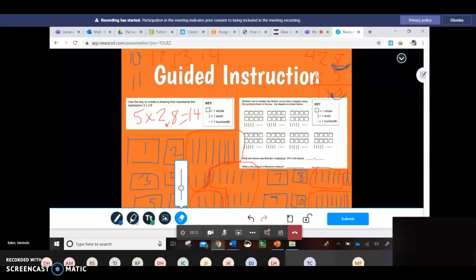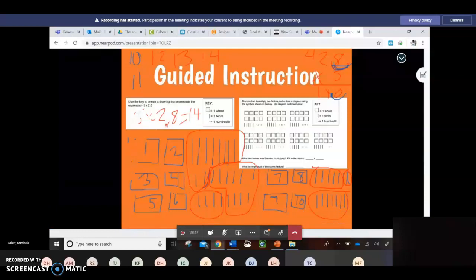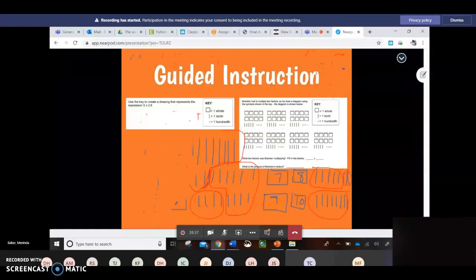All right, so now I'm going to have you all help me with this second problem. Let me see, if you are able to unmute and read the problem, can you read this problem for me while I erase? Go ahead. So it says Brandon had to multiply 2 factors.